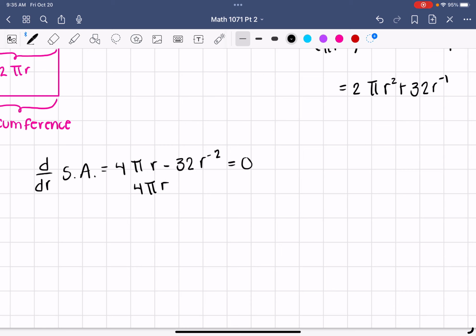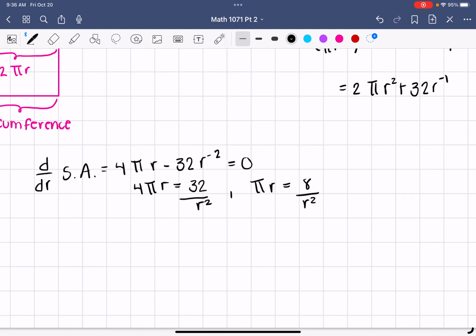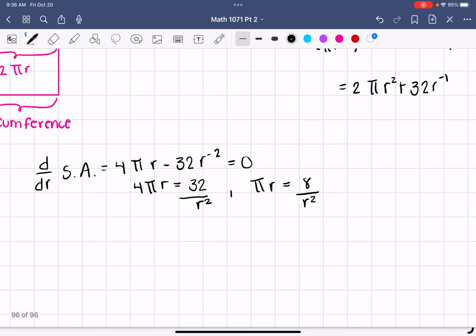Pi r equals 4 goes into 32 8 times. So divide through by 4. And then I've got r cubed equals 8 over pi. So r equals the cube root of 8 over pi, well, the cube root of 8 is 2.